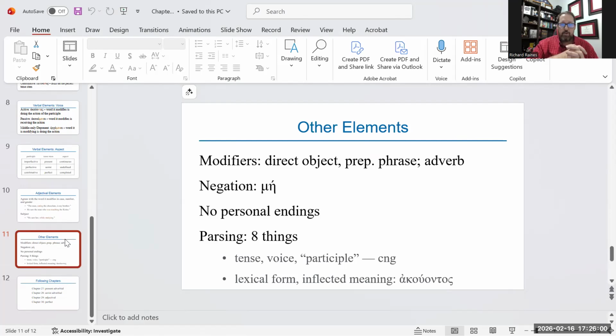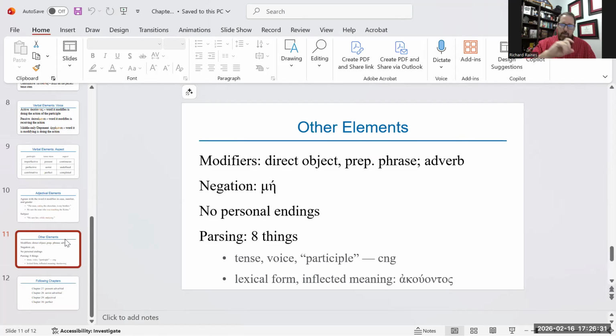And then when you parse the participle, you're going to parse the elements of the verb, and you're going to parse the elements of the adjective. Now, there are a lot of different ways to do it. What I want you to do when you're parsing participles is parse the verbal elements first and then the adjectival elements second.